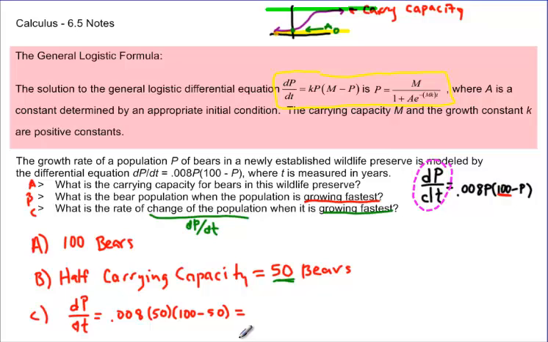So when I do that, turn my calculator on, I get 20. So what does that mean? 20 what? Well, we're talking about t in years. So my population is changing quickest when we grow by 20 bears per year.